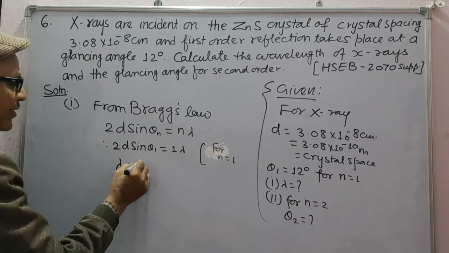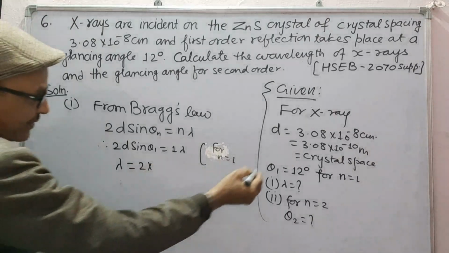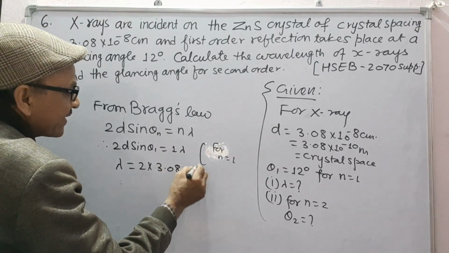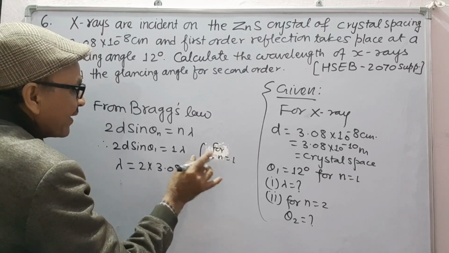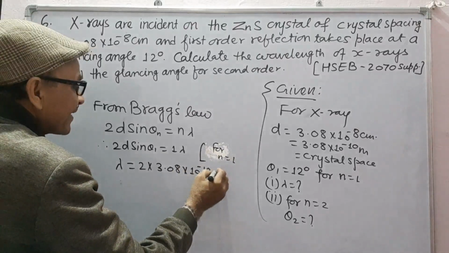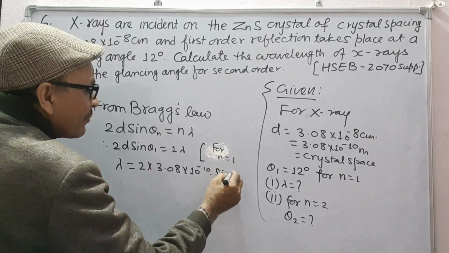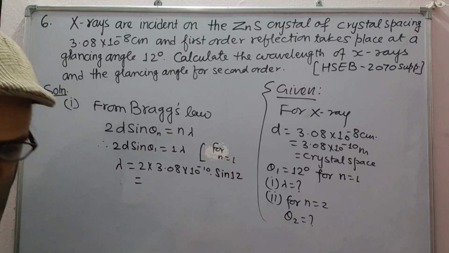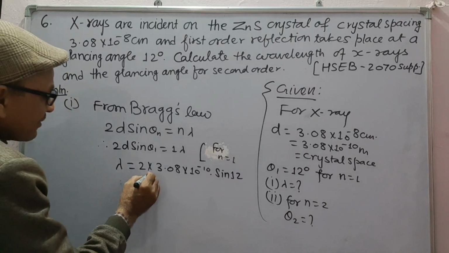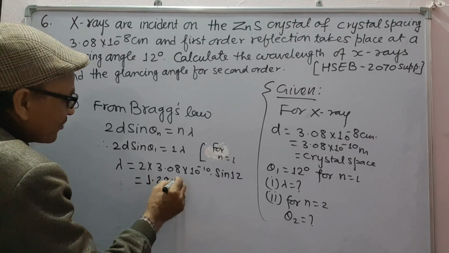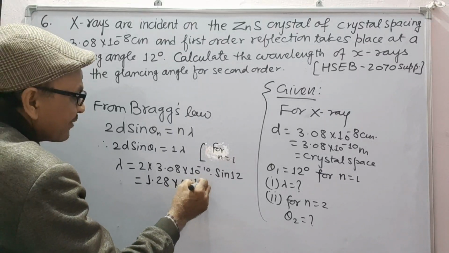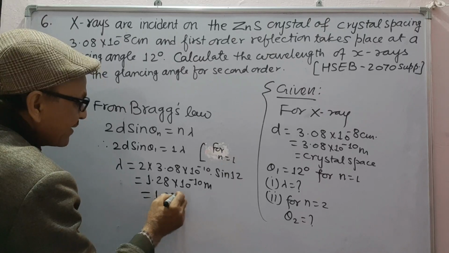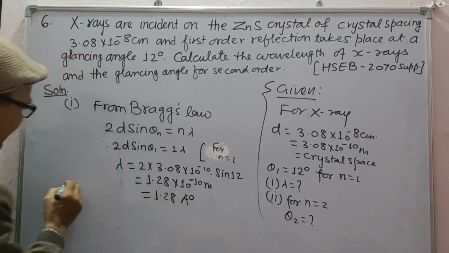So lambda will be equal to 2 into d, 3.08 into 10 to power minus 10, and sin 12. On simplification we get lambda as 1.28 into 10 to minus 10 meter, or 1.28 angstrom.